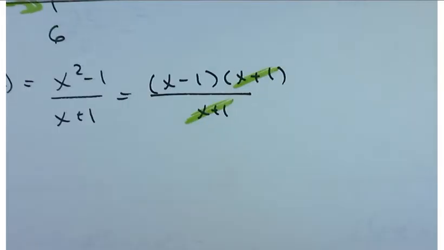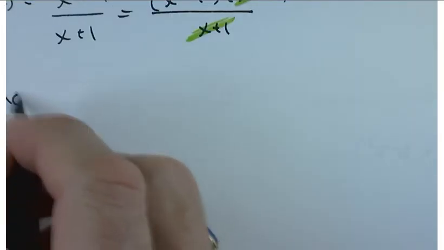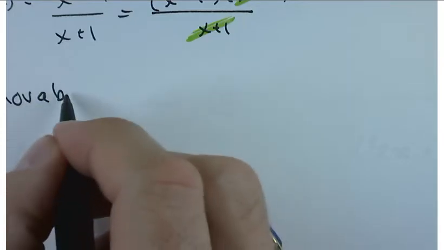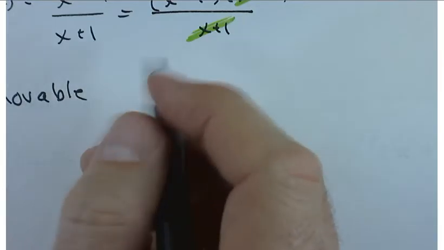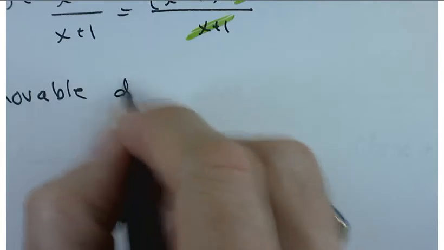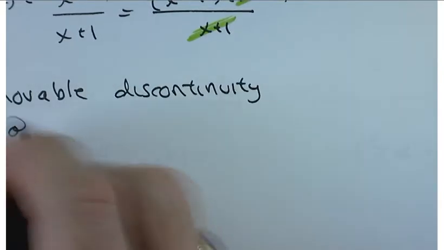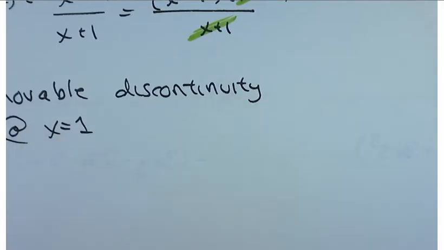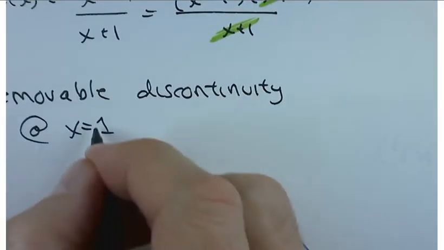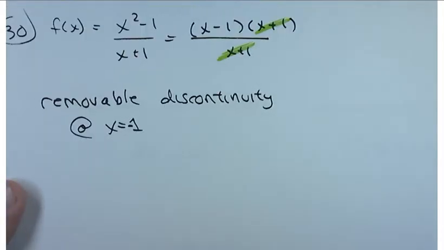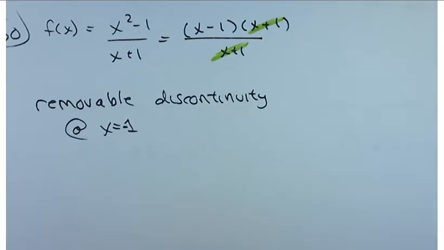Yeah, so that one's a removable discontinuity at x equals negative 1. Okay, and that's it. That's all they're looking for in that one.